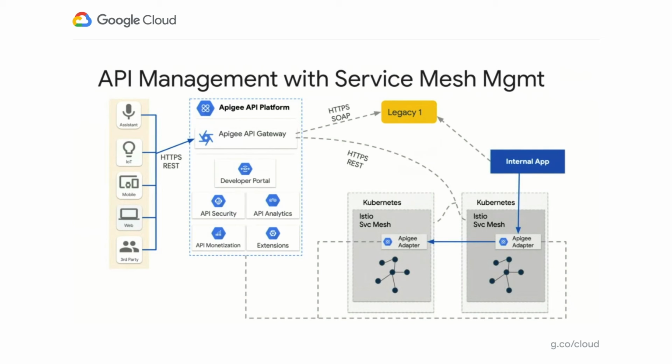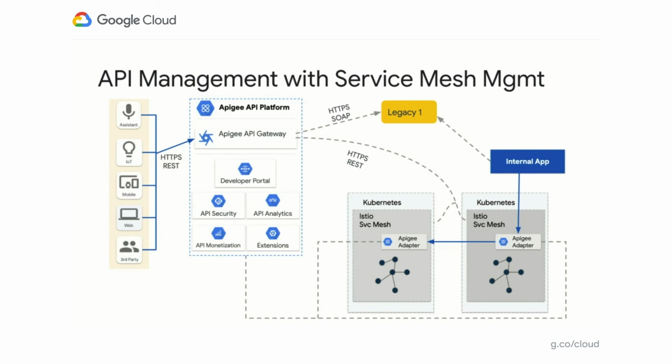So this is where Istio control plane will help you to build your service mesh architecture, right? In this diagram, you will see the service mesh is helping to manage the communication between the services, right? You also see the legacy services being exposed through the gateway to the third-party system, right?